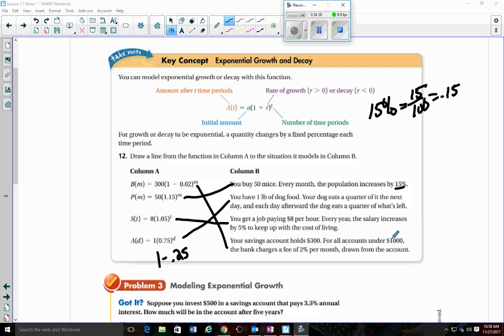So in this case, you have a person that only has $300 in their savings account. Okay, well that means they're going to lose 2% each time. So 1 minus 0.02. But you're going to start at $300, but that's going to go down exponentially every single time because you're going to lose 2% each month.